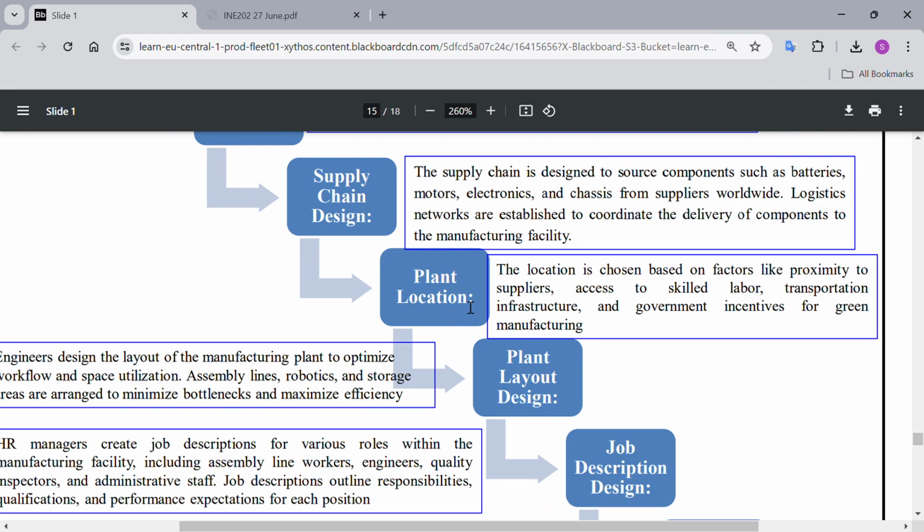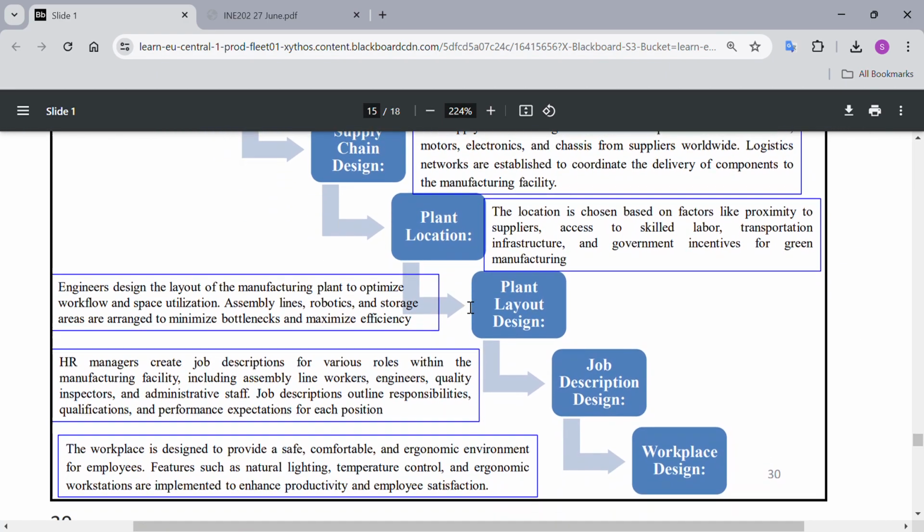The plant location is chosen based on factors like proximity to suppliers. That's very important. You need to be near suppliers to minimize transportation costs, and also access to skilled labor. This is an important thing. You have good labor around you. The transportation infrastructure also in the country and the place. Government incentives for manufacturing, and specifically green manufacturing.